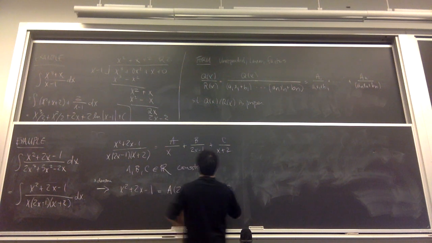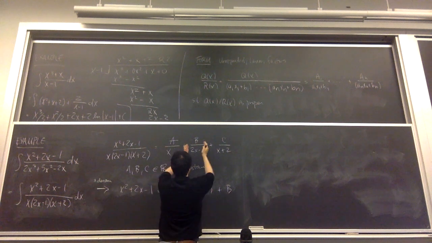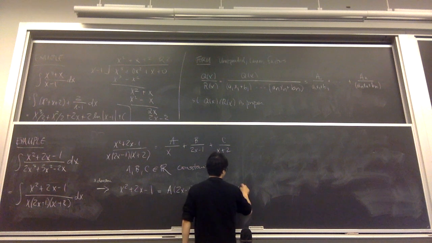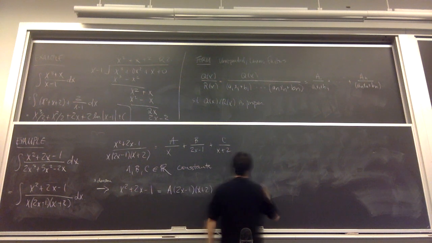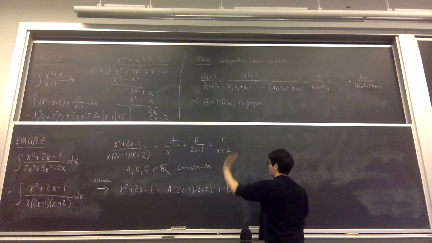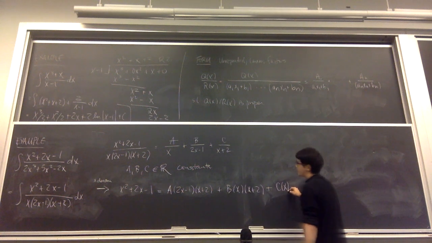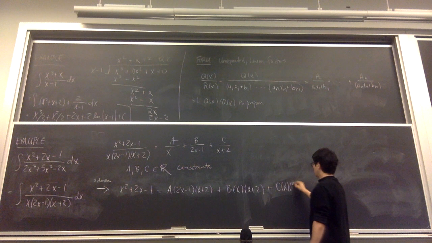Okay, so what's b going to have? If I take this and I multiply by b, the 2x minus 1 will cancel with the 2x minus 1. So all that will be left is x and x plus 2. And if I go to c and multiply by the denominator, it's going to cancel the x plus 2. So all you're going to be left with is the x and the 2x minus 1.